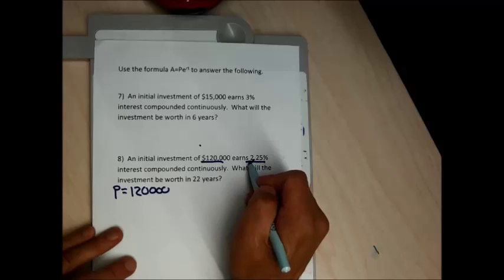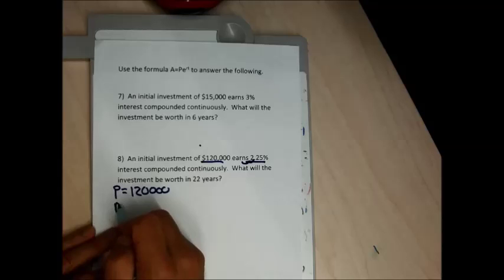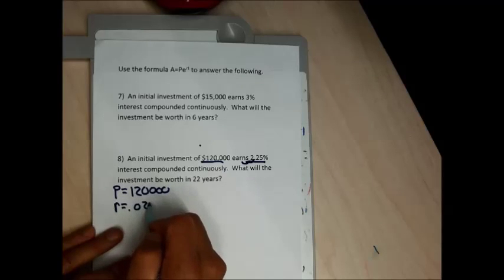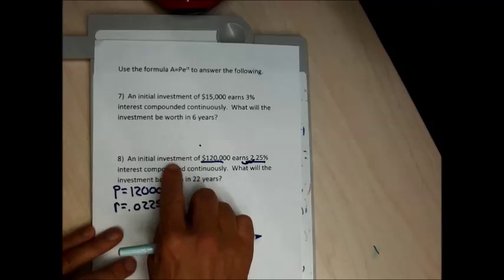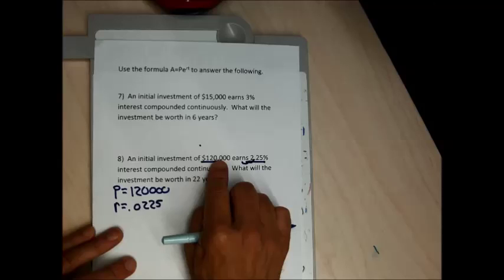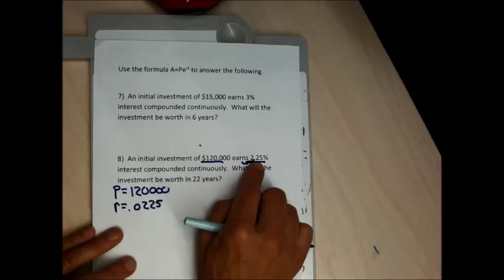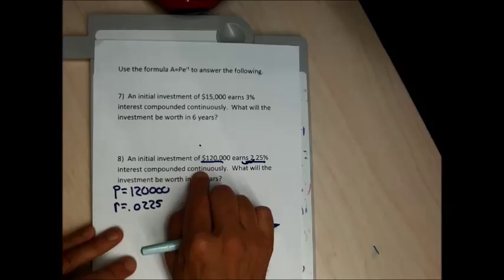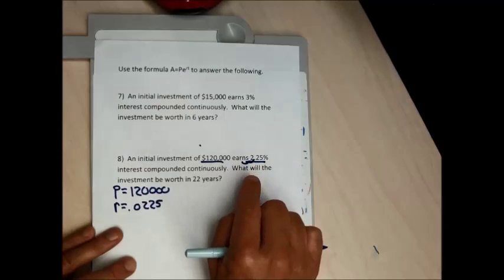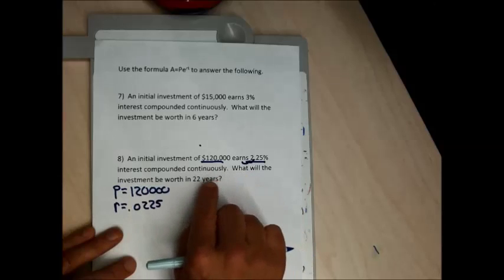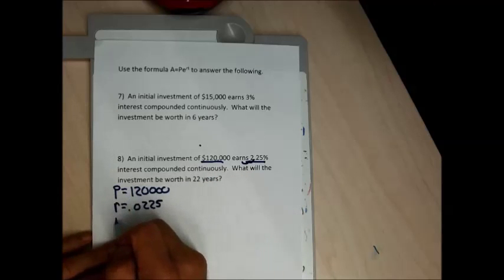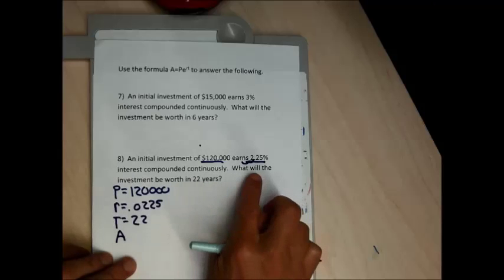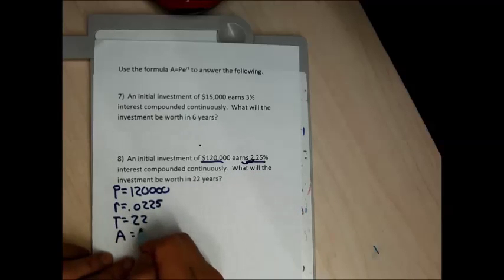I'm going to drag the decimal over 2 and make my R equal to 0.0225. So the initial investment P of $120,000 earns 2.25% interest compounded continuously. That's the R. The continuously tells me I need the formula with the e. What will the investment be worth in 22 years? The t is going to be 22, and the A is what I'm solving for. I want to find out how much the investment's going to be worth in 22 years. So I'm going to solve for A.